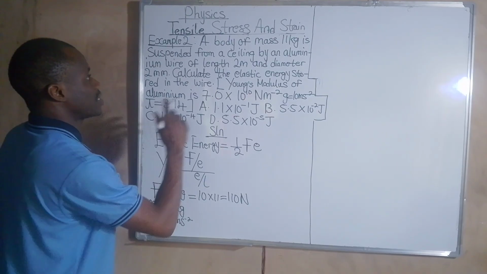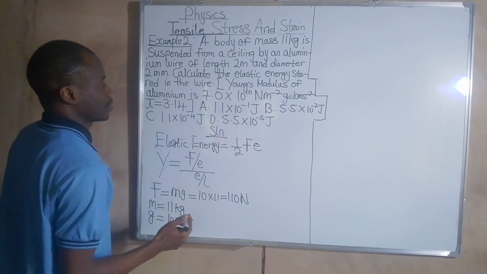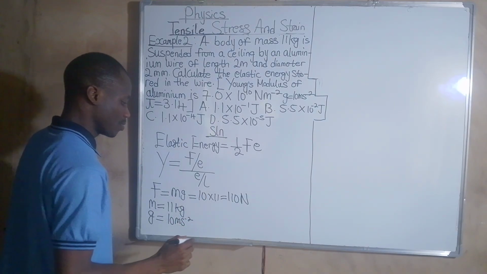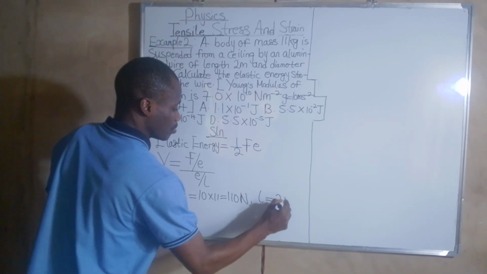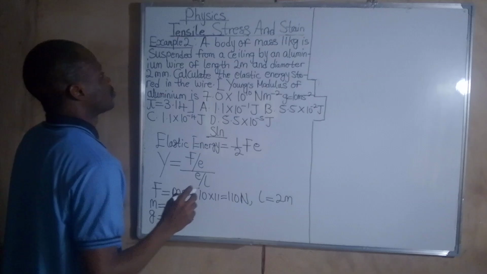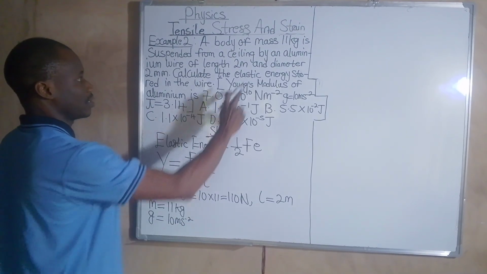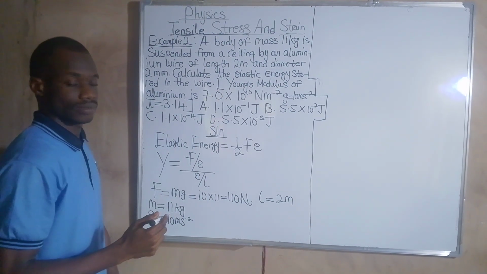Now, from a ceiling by an aluminium wire of length 2 meter. So length is given as 2 meter. And diameter 2 millimeter. Are you with me?